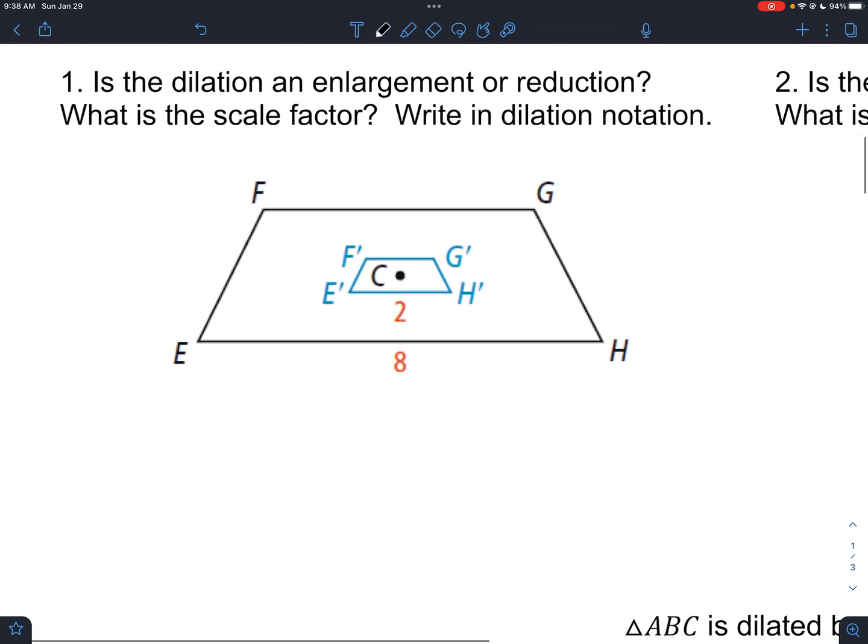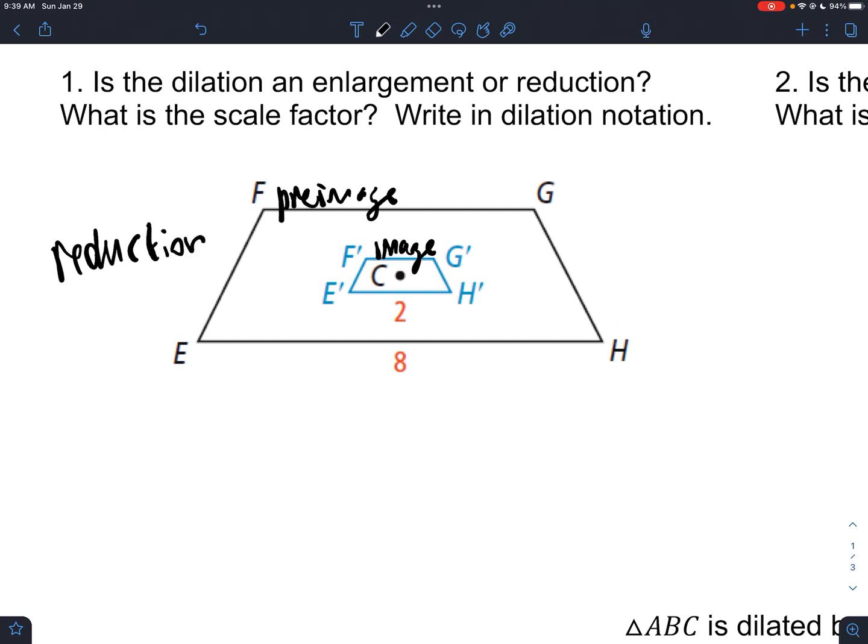Okay. Is this dilation an enlargement or a reduction? What's the scale factor? It's important to know what is the pre-image and what is the image, right? So we look at the letters to help us denote that. This pre-image, as it moved to the blue image, shrunk. So this is a reduction. And we see that EH goes to E prime H prime, which was a length of 8, which now went to 2.